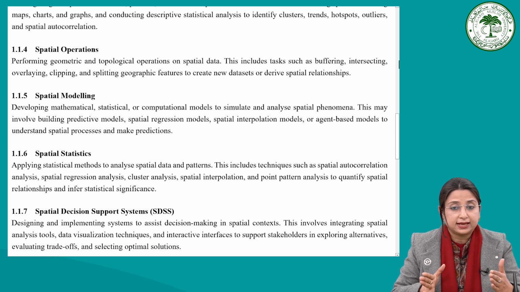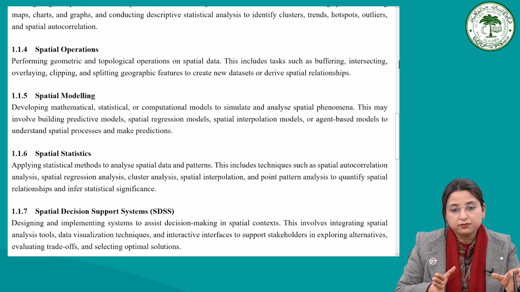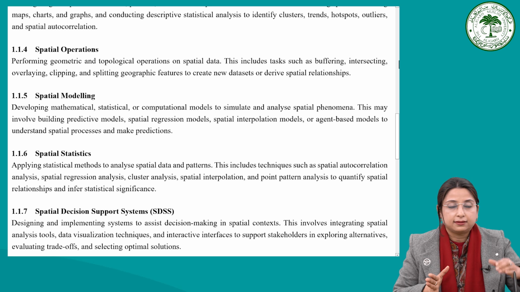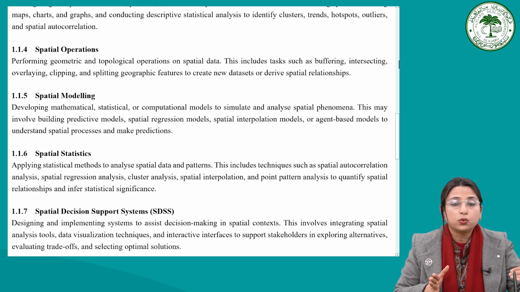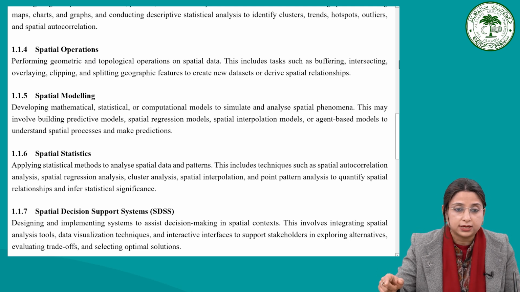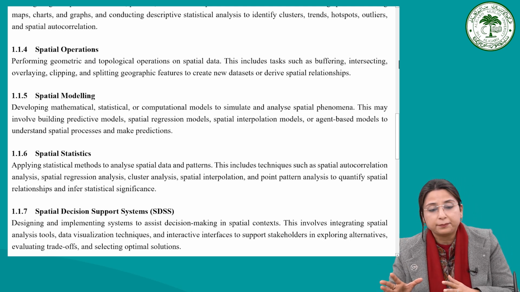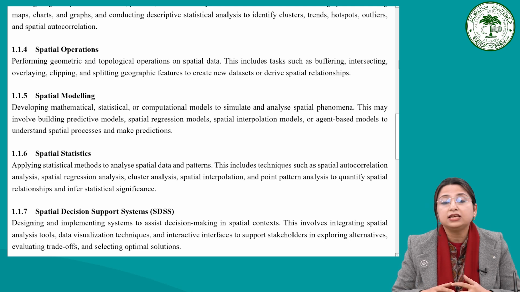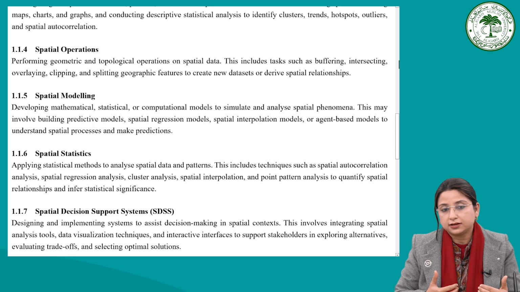For example, if we take a distance of 500 meters, then another 500 meters will make 1 kilometer, and then another 500 meters, 1.5 kilometers. Three zones can be buffered at 500 meters, 1 kilometer, and 1.5 kilometers, in order to see the impact of that waste disposal or dumping site on the population living around it, in order to know the effectiveness of that particular waste disposal site.